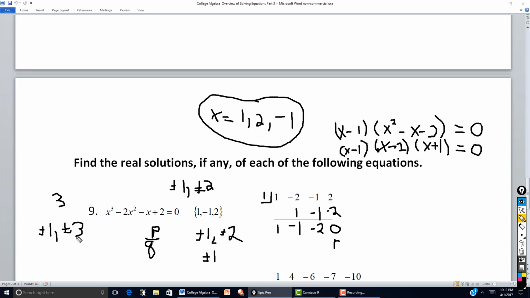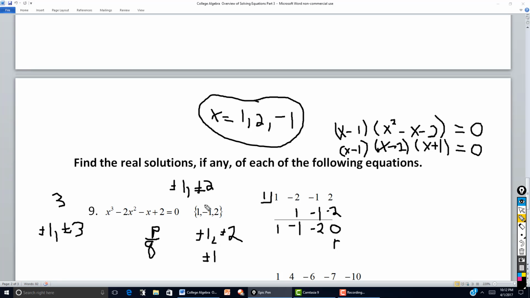So then your possible rational zeros would be plus or minus 1, plus or minus 2 divided by plus or minus 1 and plus or minus 3. So you would have more choices than I have here. Here I only have those choices right there. But with this, plus or minus 1/3 would be a possibility. Plus or minus 2/3 would also be a possibility of a rational zero.